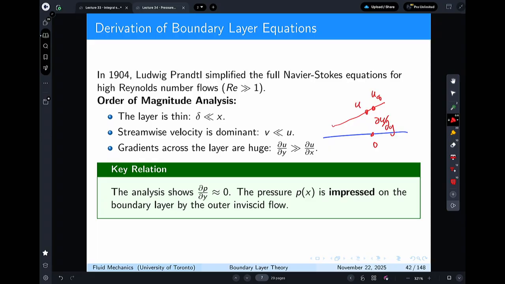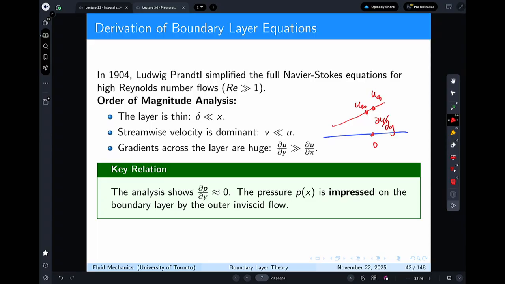But even if you look at u infinity just a little bit downstream, del u del x is not going to be very large. So gradients are huge. Delta u with respect to y is going to be much, much larger than delta u with respect to x. And you can show, and it's fun to do it, again, something for your weekends.